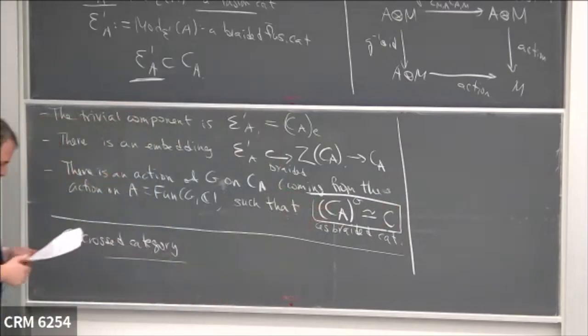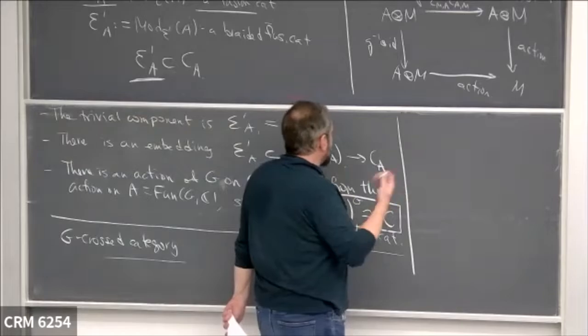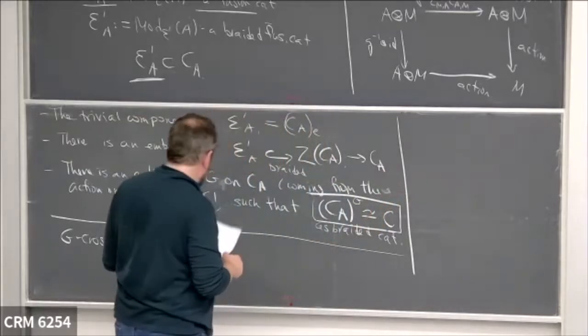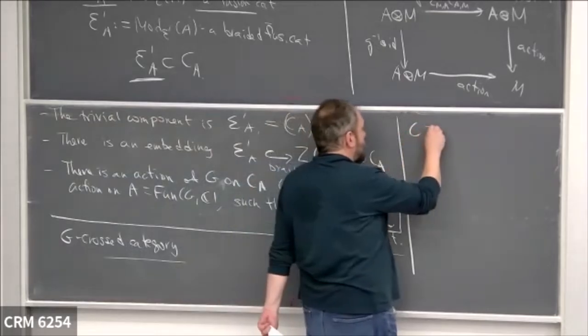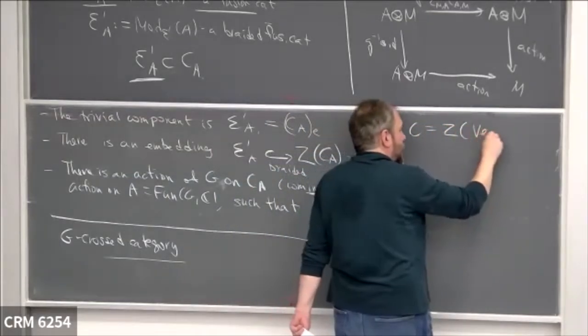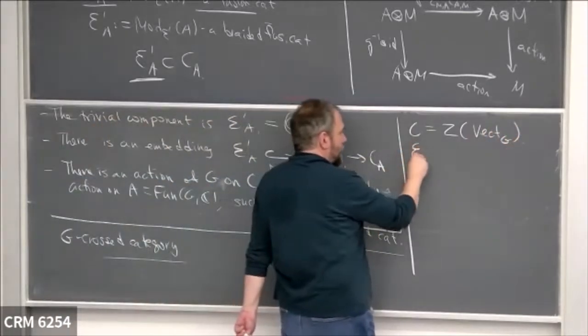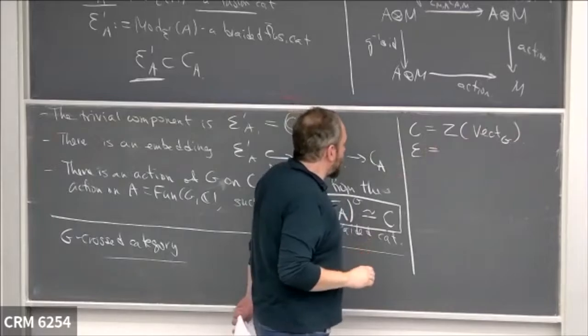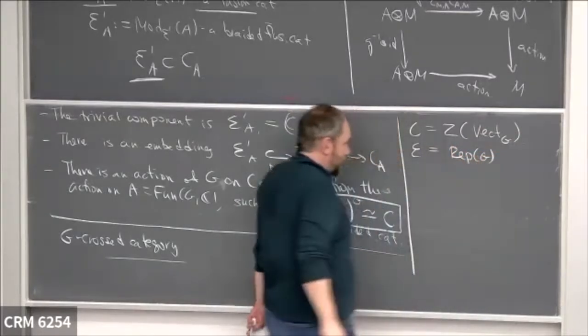Let me give you an illustration of this, in fact the simplest illustration. We take C to be the center of G-graded vector spaces. Let's take E to be Rep G sitting inside here.